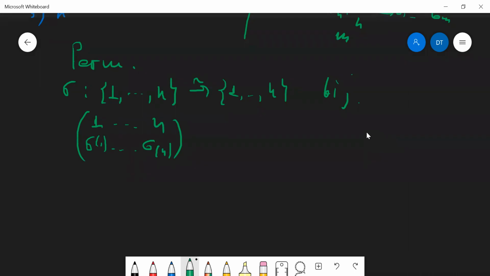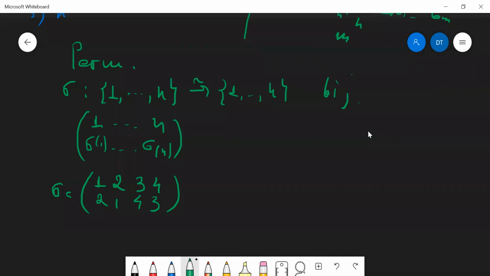If you want a concrete example, say we're given 4 elements, we can do something like that. So this is a permutation on the set of 4 elements, which takes 1 to 2, 2 to 1, 3 to 4, 4 to 3. Is that okay, or do you need some other explanations, or are there any questions?